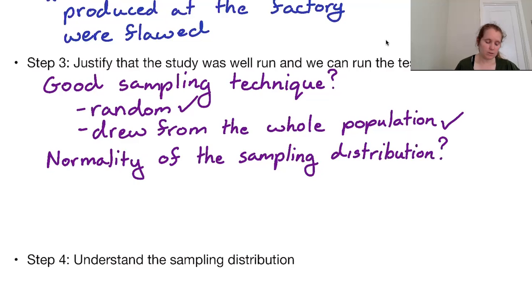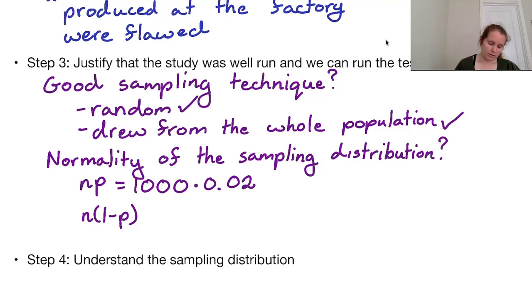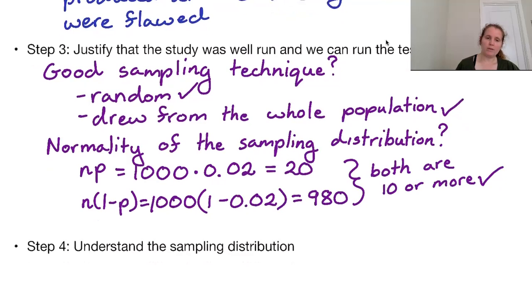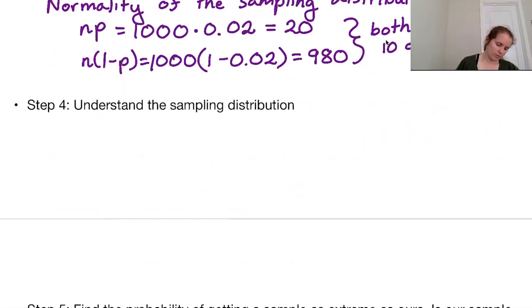So for the p-hat distribution, again, we need to look at n times p and n times 1 minus p. So our n is 1,000. The p we are working with is 0.02. So that's 20. And 1,000 times 1 minus 0.02 is 980. And both of these are ten or more. So we meet our requirement.